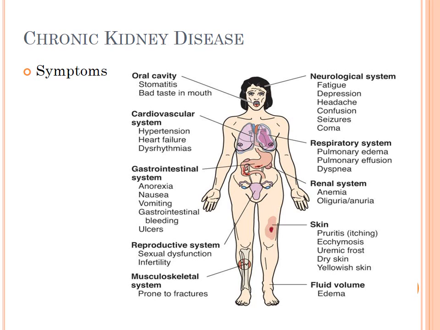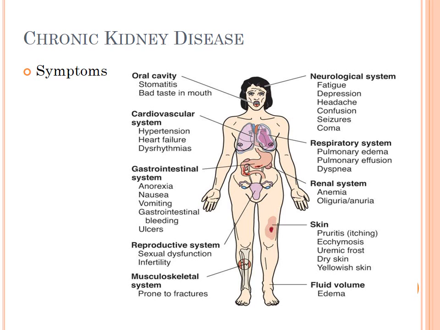If you look on page 856, it goes into more detail on the effects of chronic kidney disease on body systems. But I'd like to bring your attention to the stages of chronic kidney disease as listed at the top of that same page. In stage 1, you have a GFR of greater than or equal to 90 milliliters per minute, and in stage 2, 60 to 89. But if you go to stage 4, you have a glomerular filtration rate of 15 to 29 milliliters per minute.